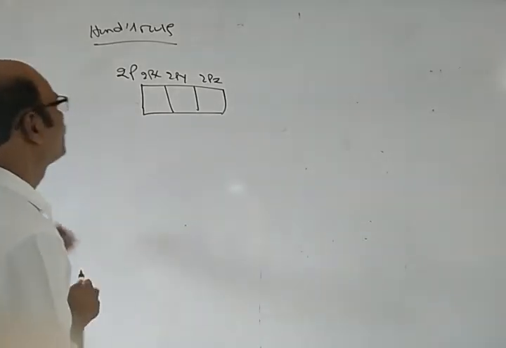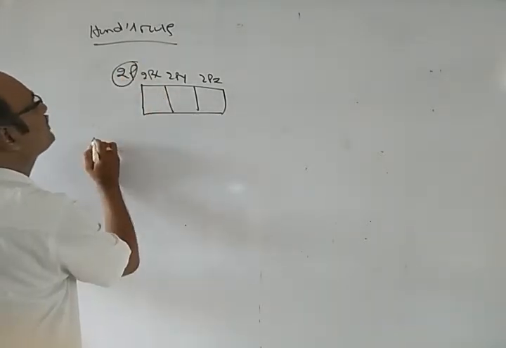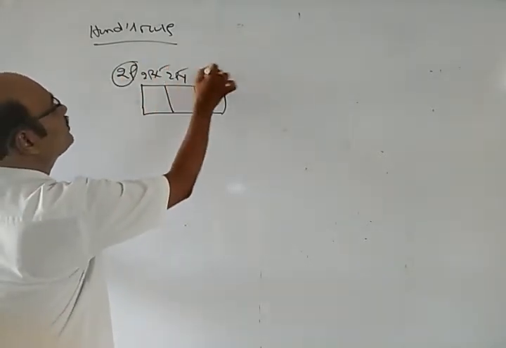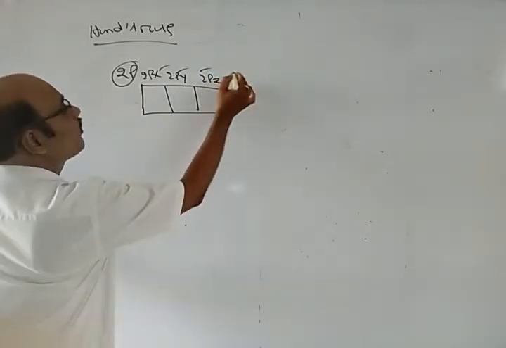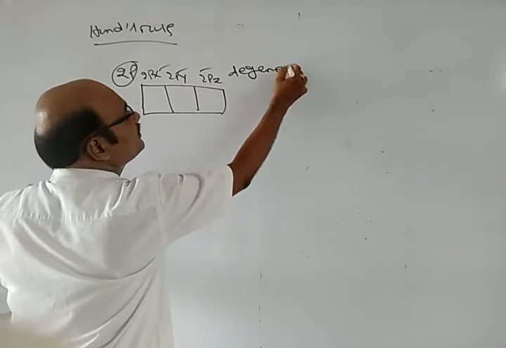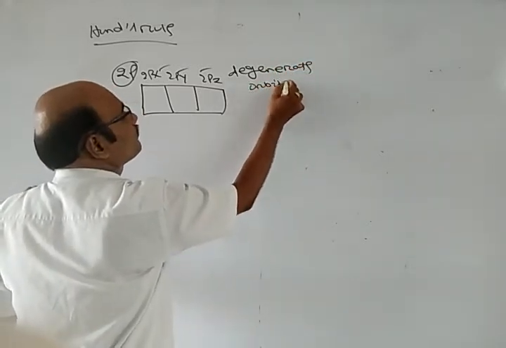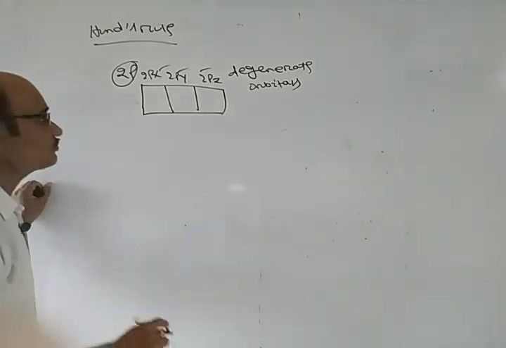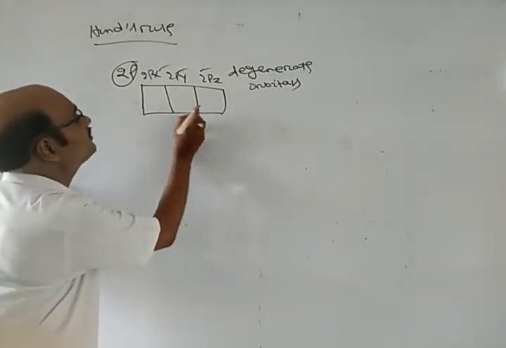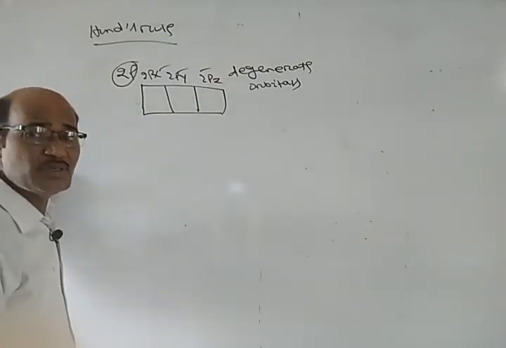But these three belong to the 2p, which means these three have the same energy. These are called degenerate orbitals. So these degenerate orbitals have the same energy.